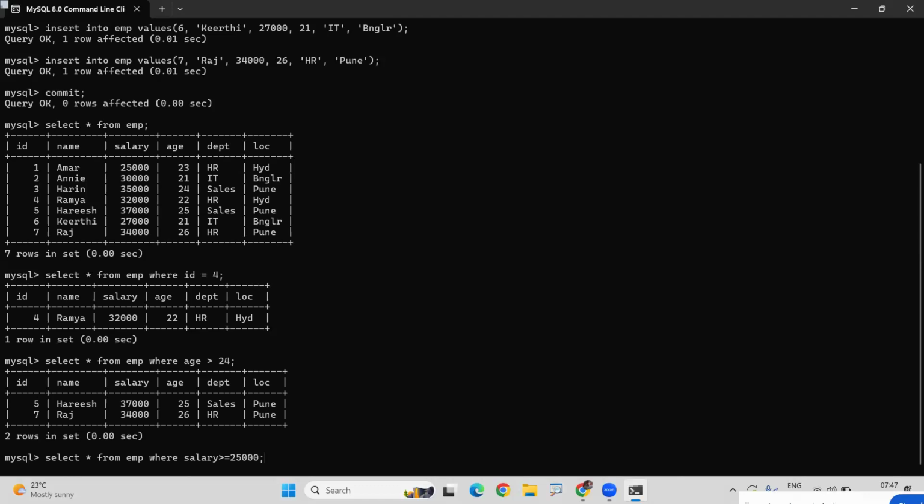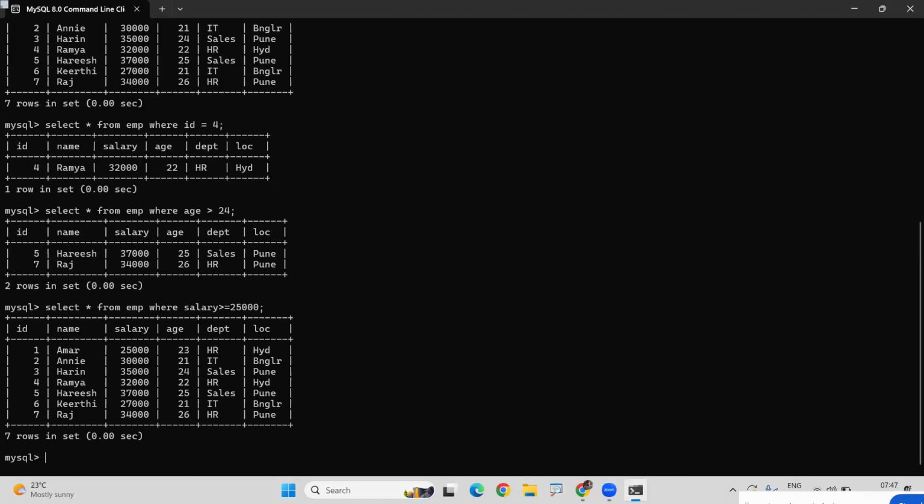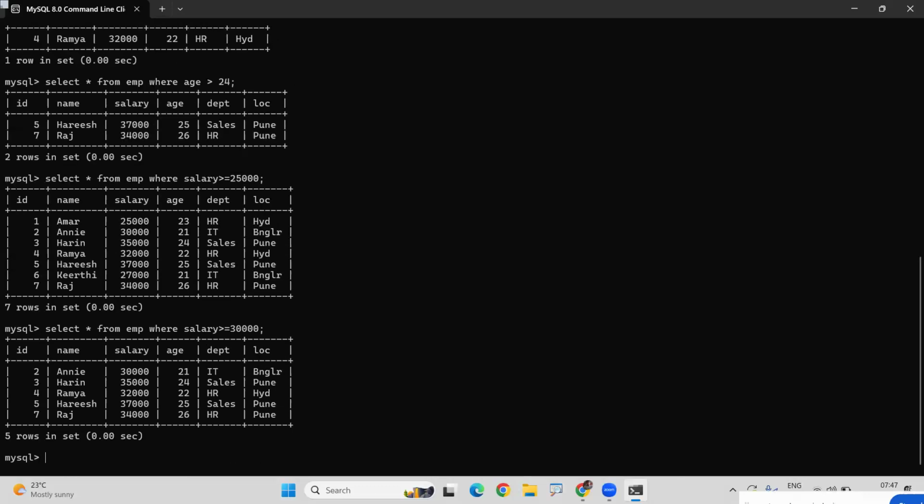It is giving all having salary of 25,000 or more. If I give 30,000, only a few people are coming, whose salary is either greater than or equals to 30,000.